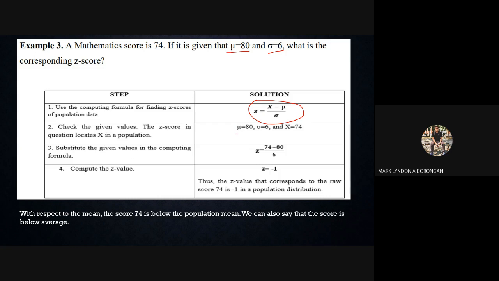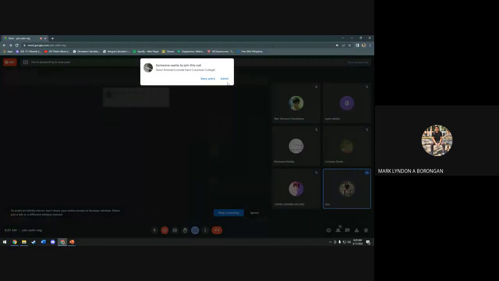So our mean is 80 and ang atuang 6 is for standard deviation. And then ang atuang 74 is for the raw score. Okay? And then what you're going to do next is to substitute the values. So mo substitute na lang kag values diretso.